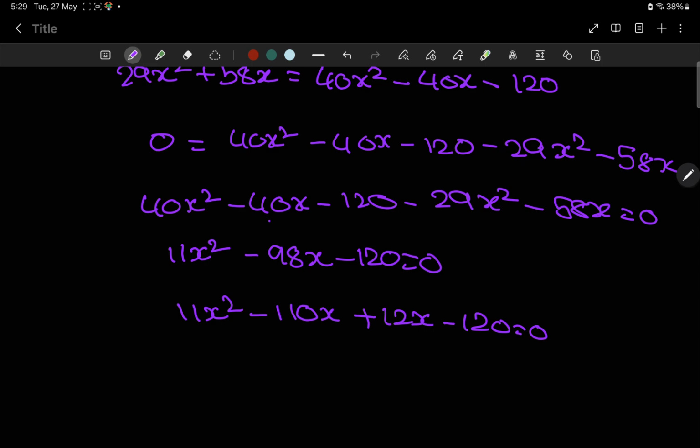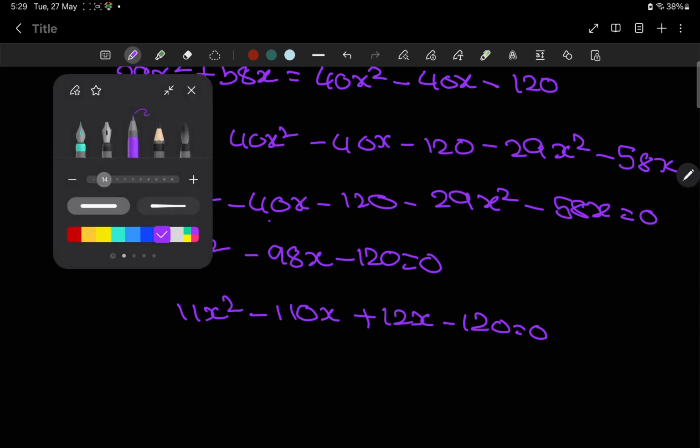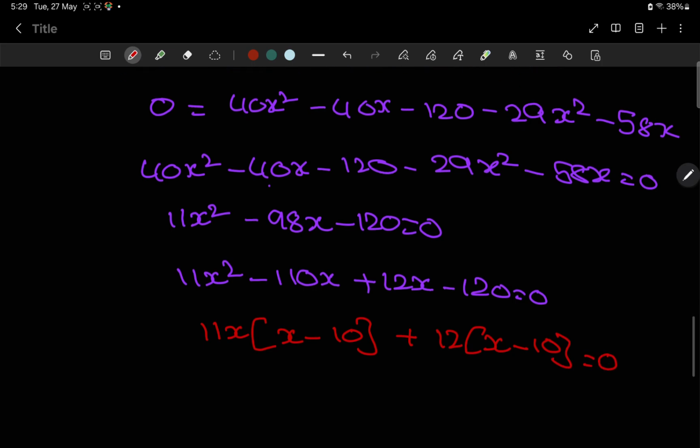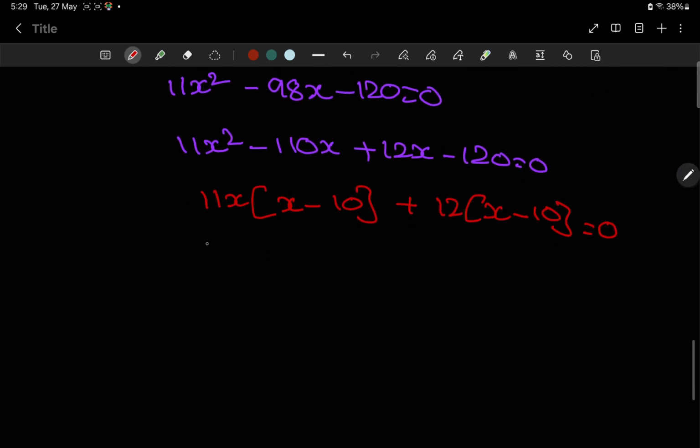Now let's take the common factors out. So 11x minus 10 plus 12 into x minus 10. So we have taken the common ones out. So let's write it as 11x plus 12 into x minus 10 equal to 0.